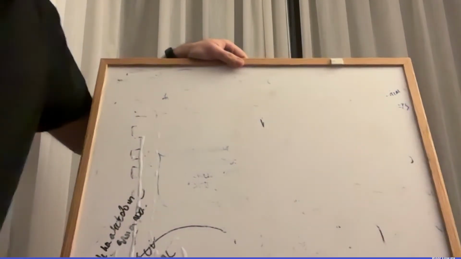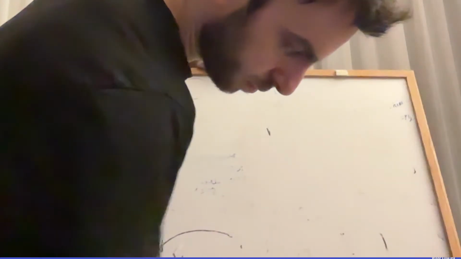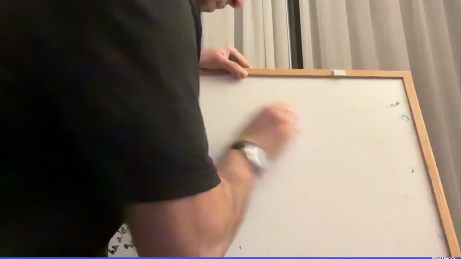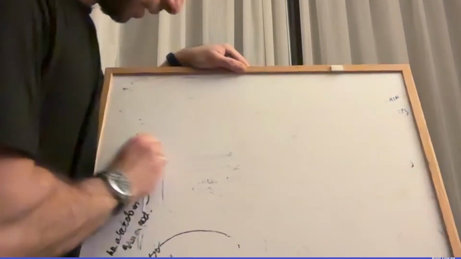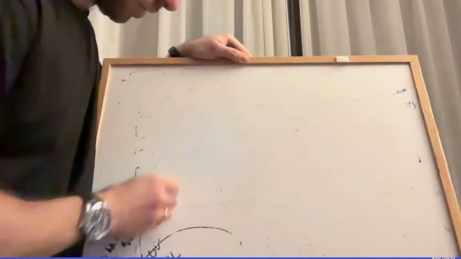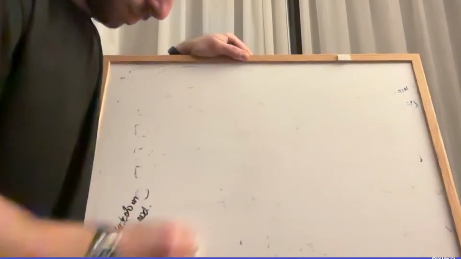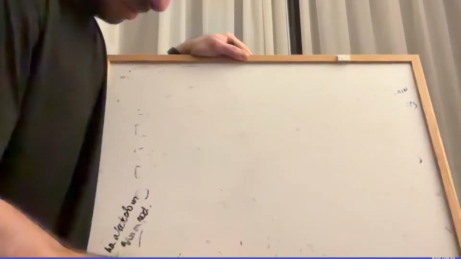I'm currently using some glass cleaner to clean it. It's actually doing a really good job. I've read once that you've got to use proper cleaning liquids so you don't end up scratching or destroying the surface. But again, this is a cheap $10 whiteboard, so I really don't care.